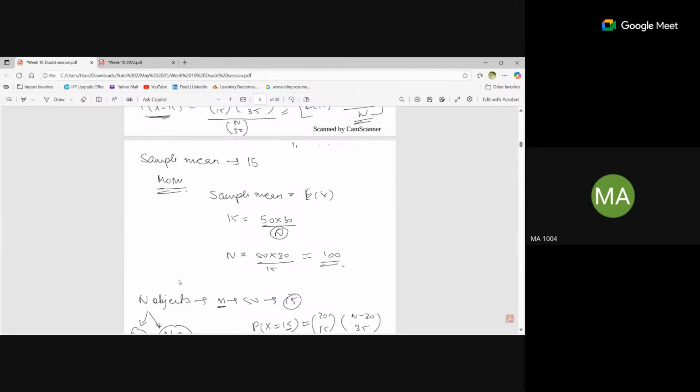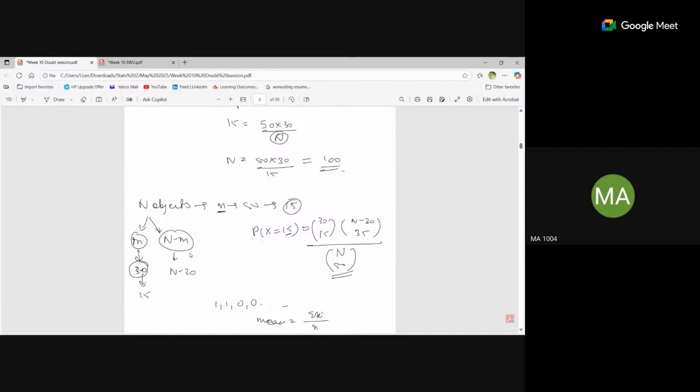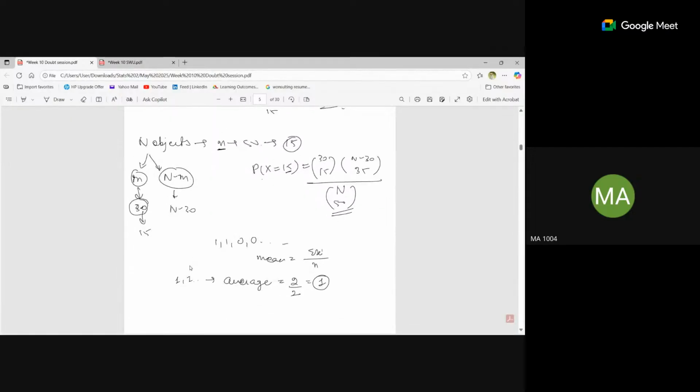Just a second. I'm not able to put it, how do I put it?